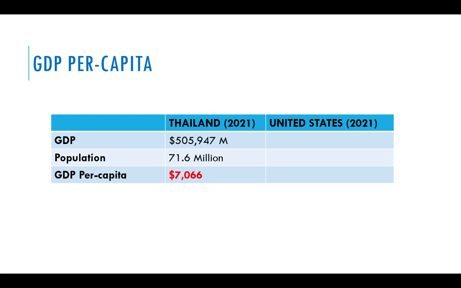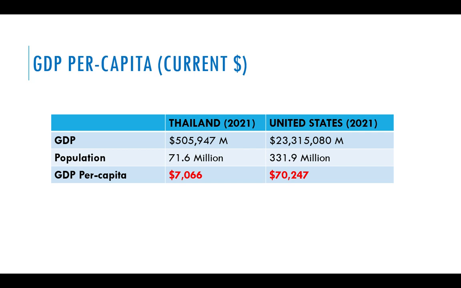Remember, this is just an estimate of what the average person would look like, and this is under a certain kind of GDP. Remember, we talked a minute ago that we have different kinds. We have that current dollar one, and then we have that purchasing power parity. This is not purchasing power parity. Now let's do the same thing for the United States. We have GDP of 23-ish millions, and we need to divide it by a population of 331.9 million.